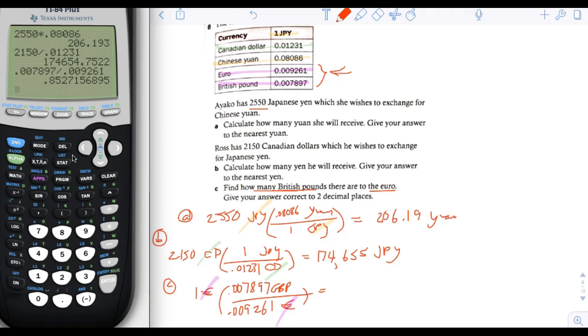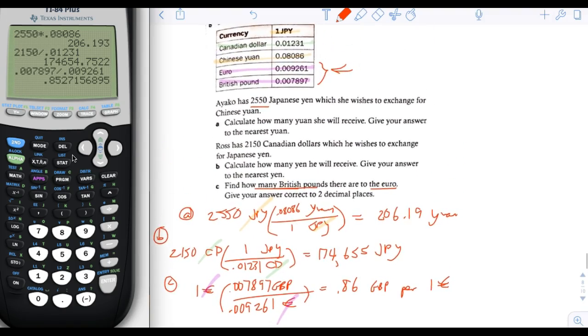So it said 2 decimal places, so I'm just going to put 0.86 GBP per 1 euro. Okay, because it said how many British pounds there are to the euro. So it's 0.86. And that's it for this page, right? Okay, we're done with page 8.